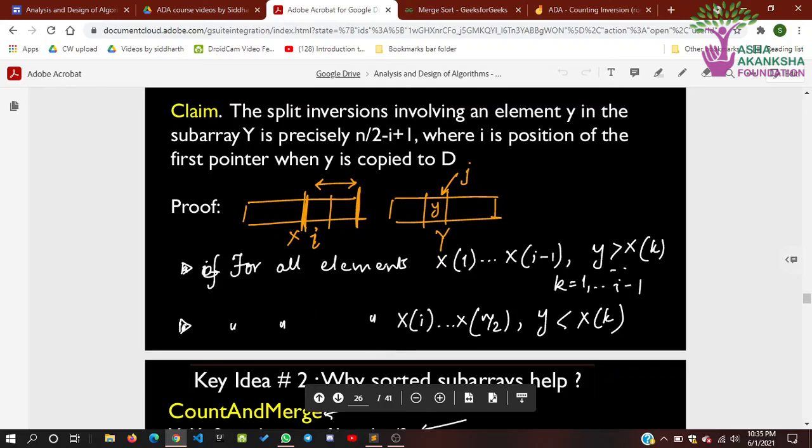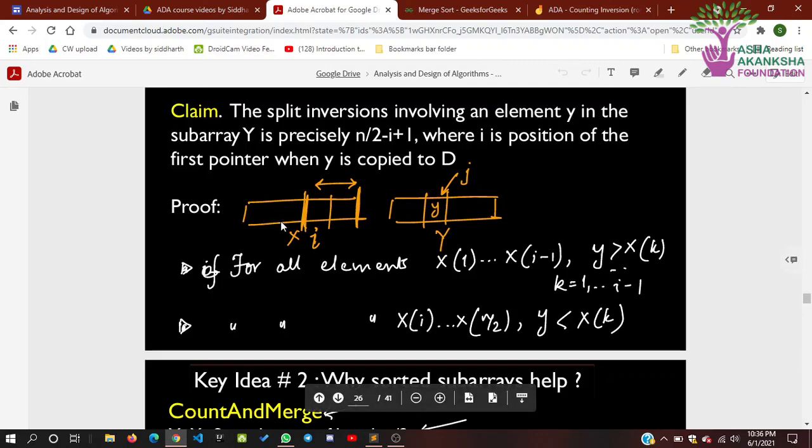All of this in more mathematical terms is written here. From x1, that is the first element, to x(i-1), that is the element to the left, all of the elements of X, that is xk, will be smaller than this element. Why will they be smaller? Suppose they were not smaller than this yth element, that is, the elements towards the left of this particular index. Suppose they were greater than y.